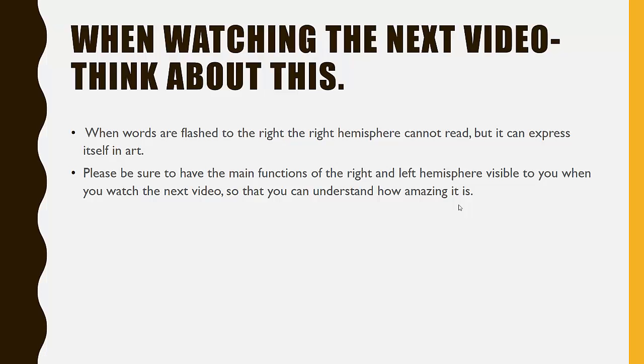So when they flash the picture to the left hemisphere, I'm sorry, to the left visual field, and it goes to the right, what do you think he's going to see that picture as? You'll see. And then when they put it to the left visual field, which goes to the right side of each eye, which goes to the brain, what are they going to see?